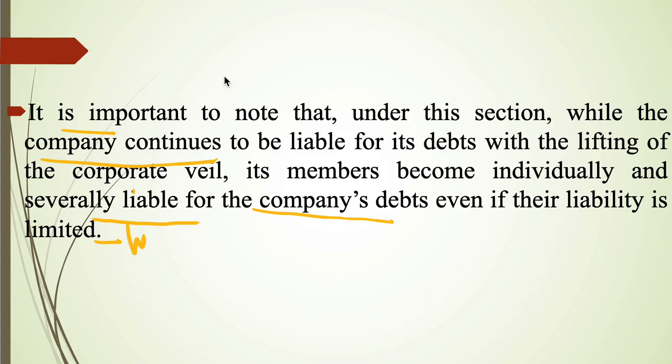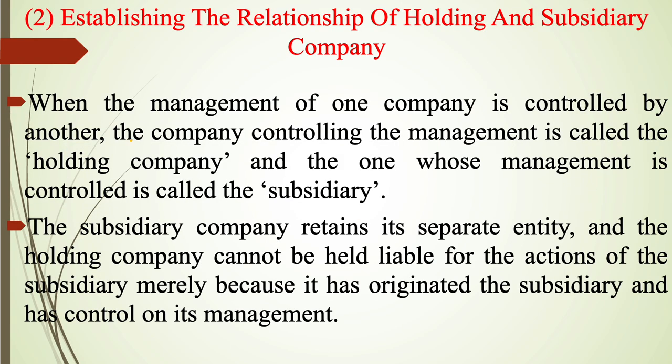The second condition is establishing the relationship of holding and subsidiary company. When the management of one company is controlled by another, the company controlling the management is called the holding company, and the one whose management is controlled is called the subsidiary company. The subsidiary company retains its separate entity, and the holding company cannot be held liable for the actions of the subsidiary company merely because it has originated the subsidiary and has control over its management.